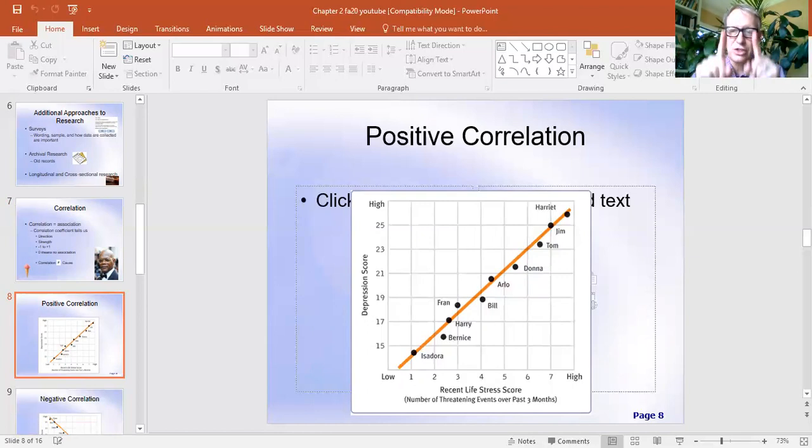Things move together in time. So if a person's stress levels are really high, the odds that they're going to have symptoms of depression are also really high. If their stress levels are really low, the odds that they're going to be depressed are also pretty low. That is a positive correlation.